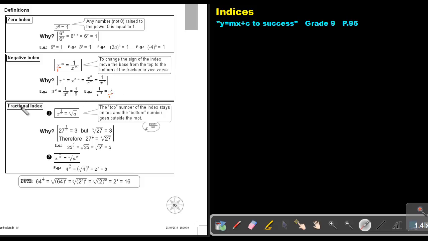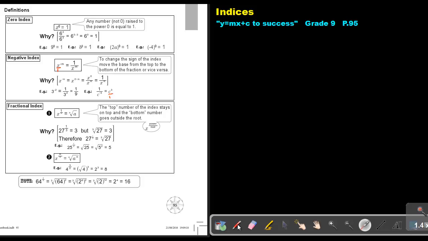Okay, then fractional index. So if I have x to the power 1 over n, there's my a. Now in this case, I'm going to make it from a fractional index to a root, and it works like this. The number on top goes to the inside, and the number at the bottom goes to the outside of the root.